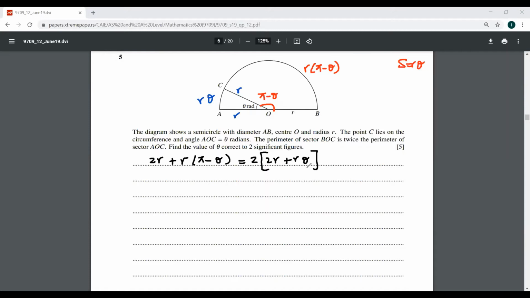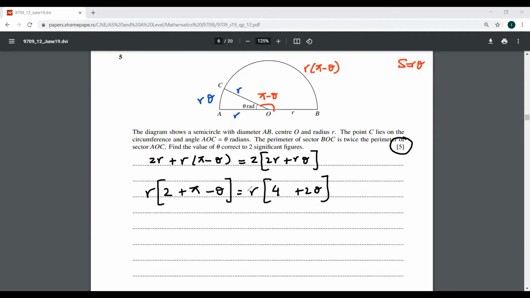And then he says, find the value of theta correct to 2 decimal places. I think he's giving many more marks over here because R would simply be cancelled out. If you take R common from the left hand side, this would be R into 2 plus pi minus theta. And if you take R common from the right, you have 4 plus 2 theta.